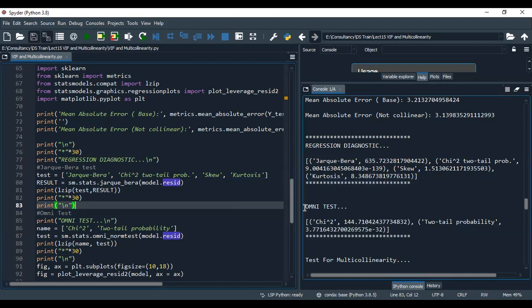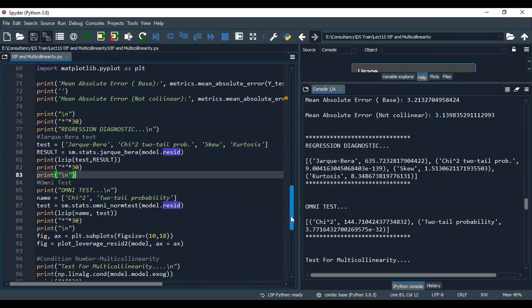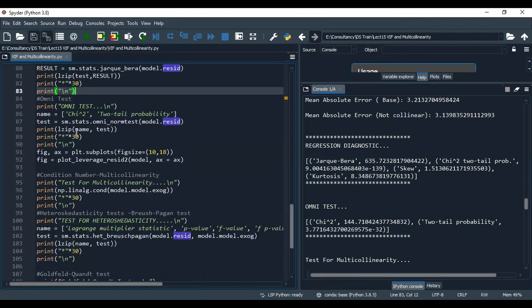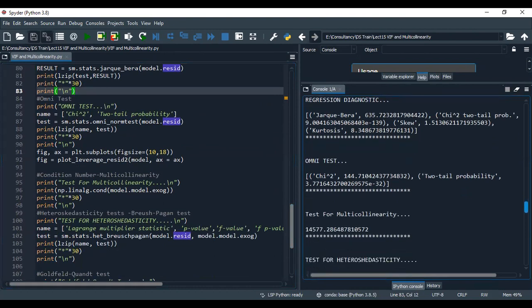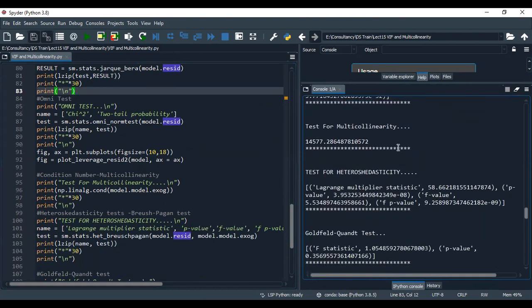Okay. Next one is the omni test. In this omni test, I am using sm.stats.omni_normtest, passing the model residuals. It gives the chi-square test and the two-tail probability. In the same way, I am checking the test for multicollinearity, called the condition number. Then tests for heteroscedasticity and homoscedasticity. In heteroscedasticity, the variance is changing continuously.